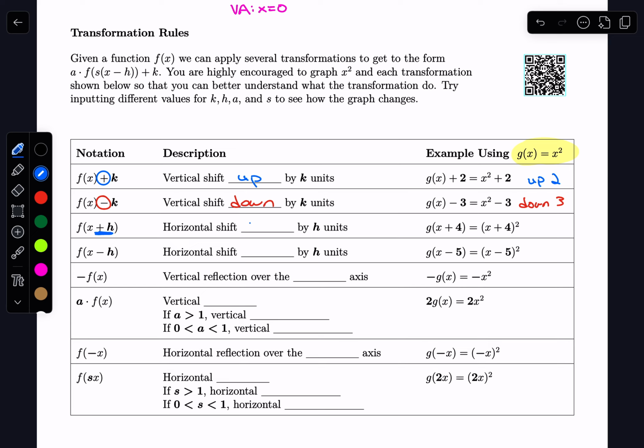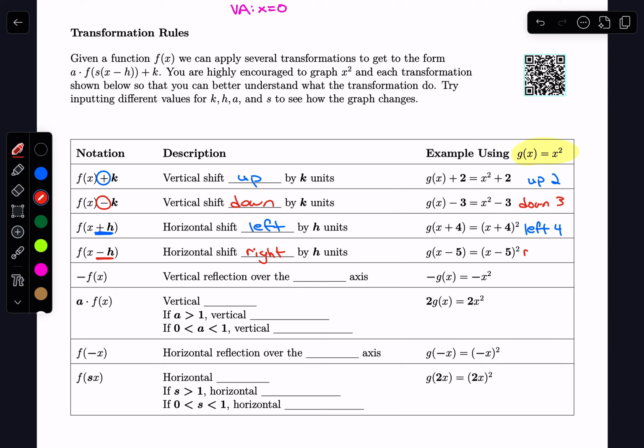So for example, if we have g of x plus 4, that's the same thing, if g is x squared, as x plus 4, the whole thing squared. This is going to move the graph left 4. Okay? If instead it's x minus h, this is going to be a horizontal shift right by h units. So x minus 5, the whole thing squared, was shifted right by 5.